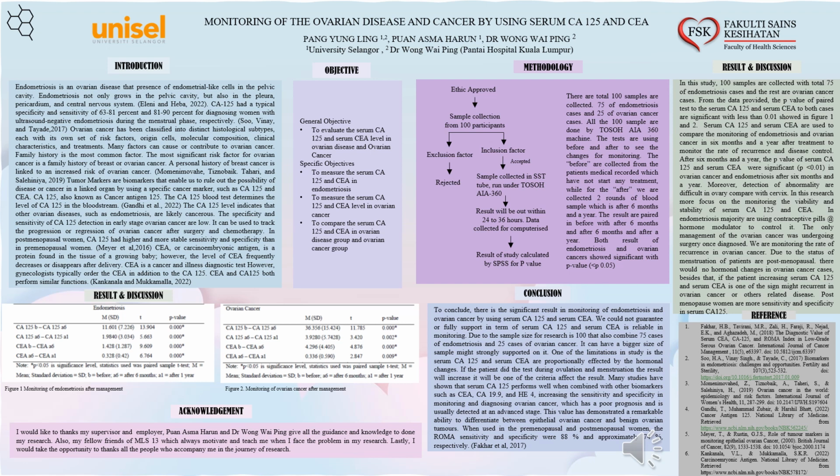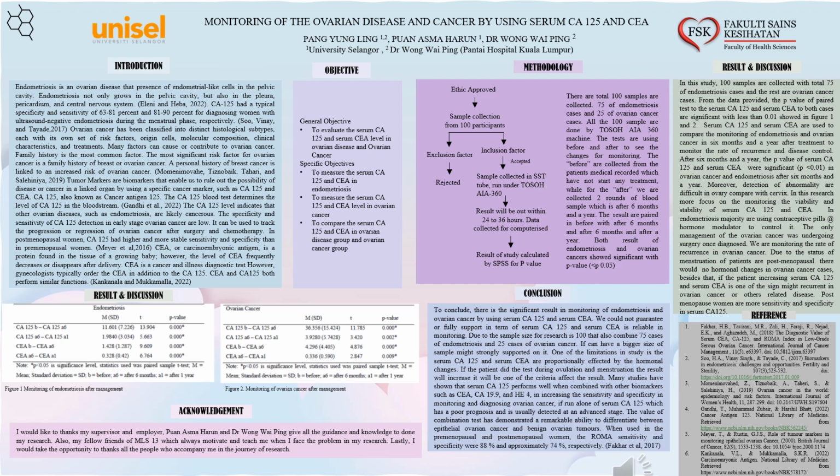We can see that the p-value provided here is less than 0.01, which means our result is significant and there are changes in monitoring. Changes of the value in monitoring means CA125 and CA are functioning in monitoring ovarian disease and cancer.